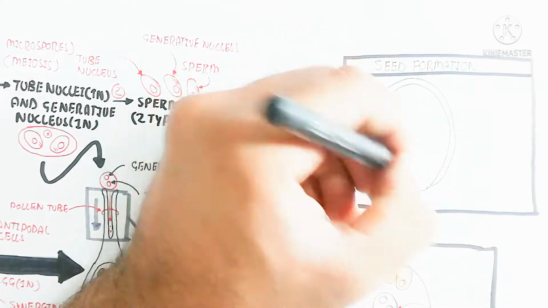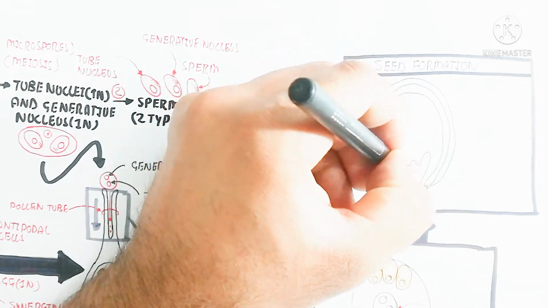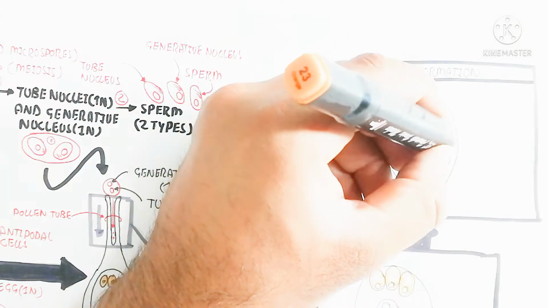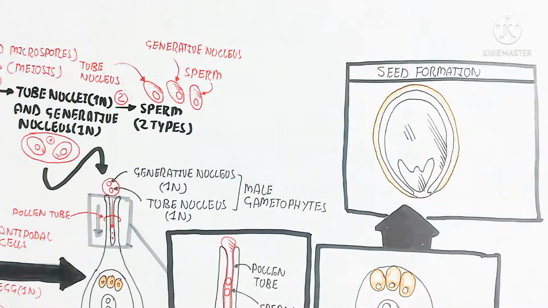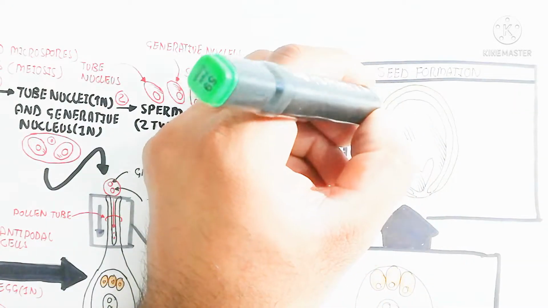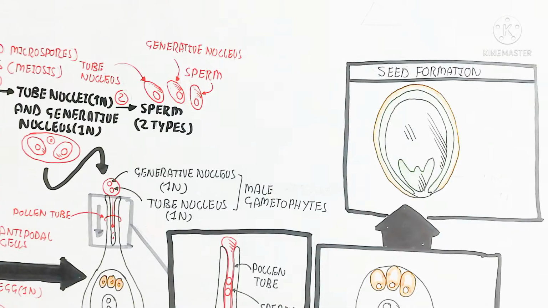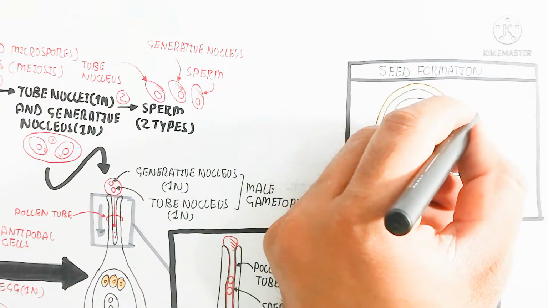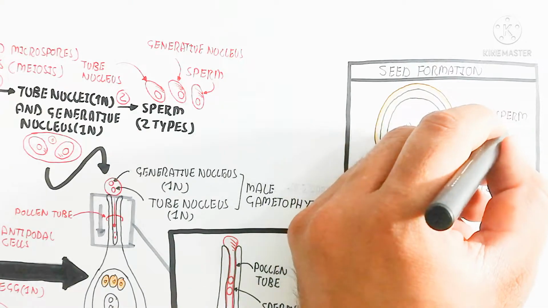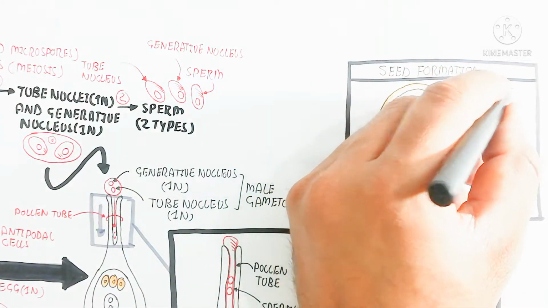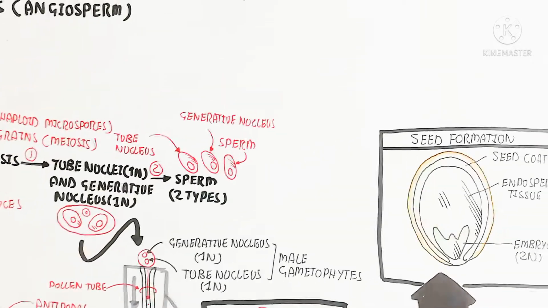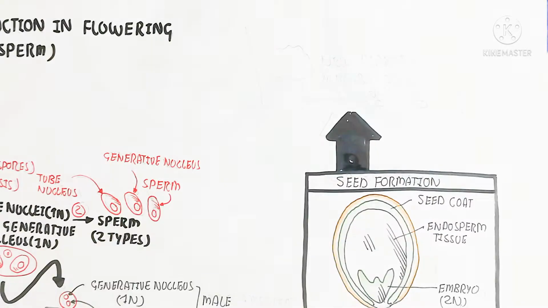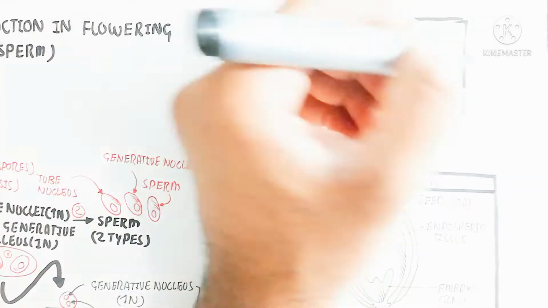Basically, you can understand this is the pollen tube guidance and fusion, and in this way the ovular sac forms the embryo, 2n, from the zygote, while the endosperm tissue comes from the endosperm nucleus, and the seed coat forms. The ripening of the ovary is known as the fruit, while the ripening of the ovule is the seed.